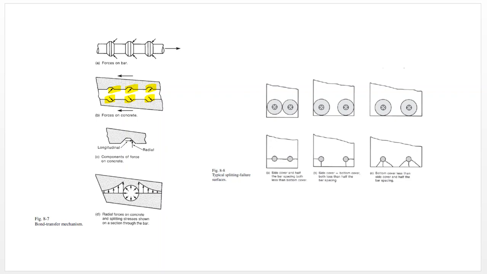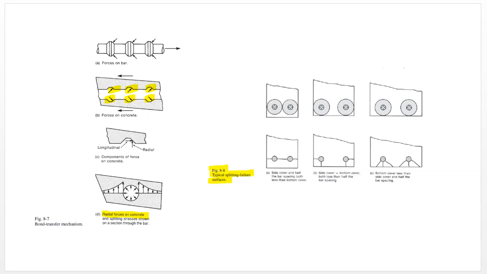And then there is also friction along the length of the bar, and because this force is inclined, there is also a radial component, as shown right here, that creates potential splitting in the concrete. This can be seen here in figure 5.8 of your textbook, typical splitting failure surfaces. So when you're pulling on this bar, there are radial forces that could create splitting.